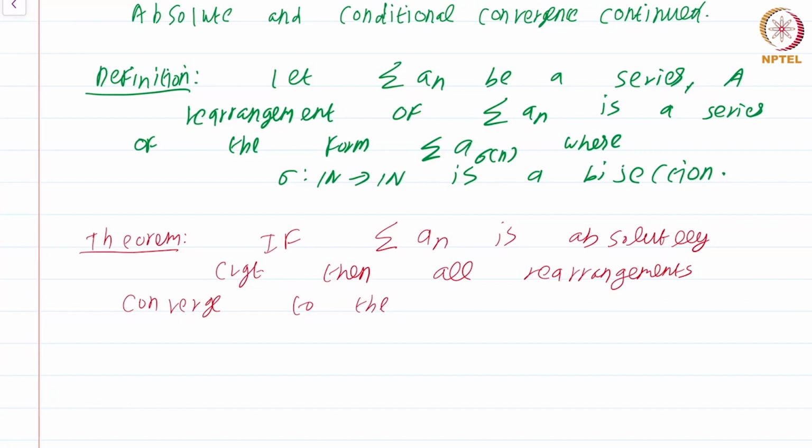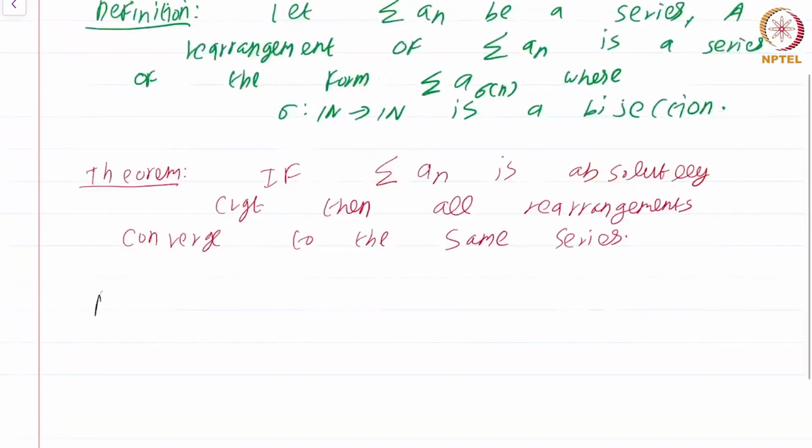So when you rearrange a series that is absolutely convergent, you cannot get a different limit. Proof. First, I am going to show that a rearranged series will converge, in fact will converge absolutely.